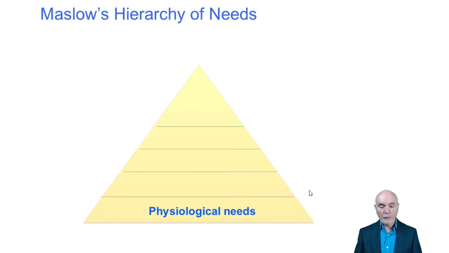And the way the theory works is, he says, if you have nothing, if you're absolutely destitute and poor, then what will motivate you is fulfilling your need for physiological requirements like shelter, food, heat, clothing.